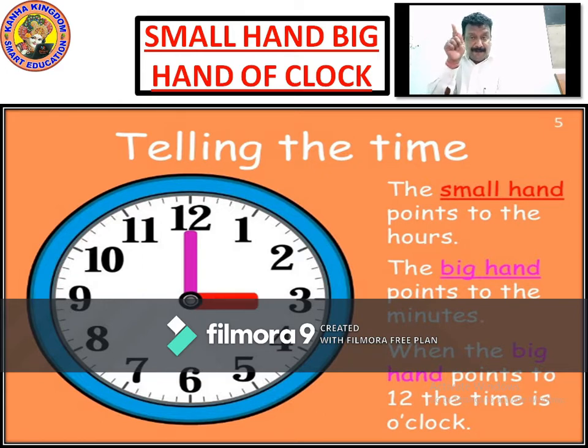The small hand which is at 3 will come slowly down to 4 by the time the big hand reaches 12 again. So that's 1 hour, 3 to 4, when the entire 60 minutes goes on.